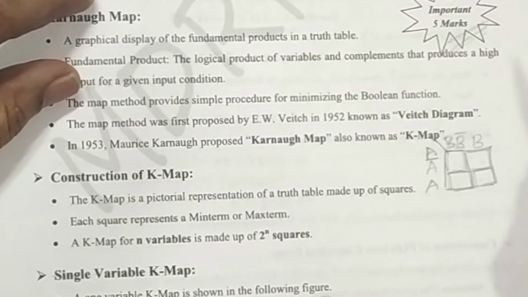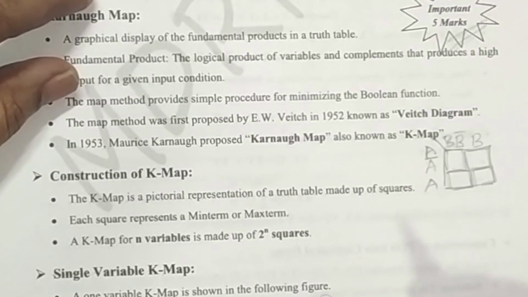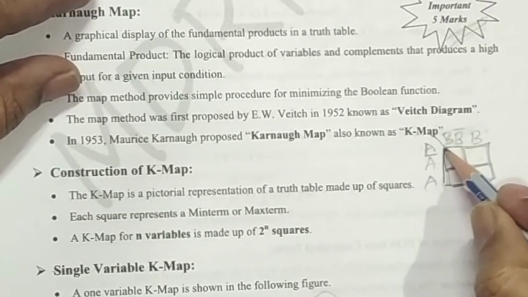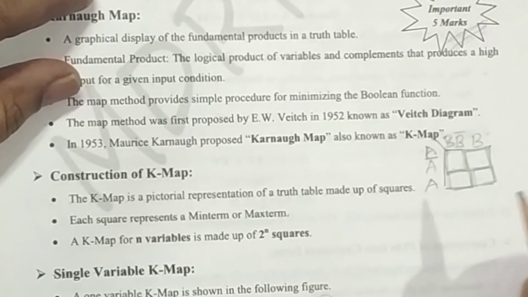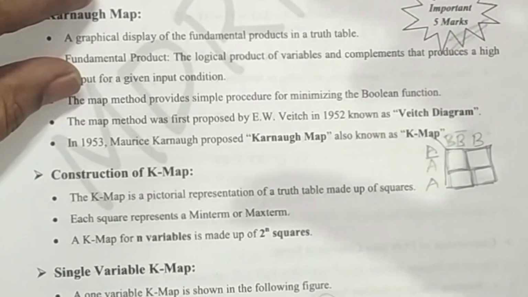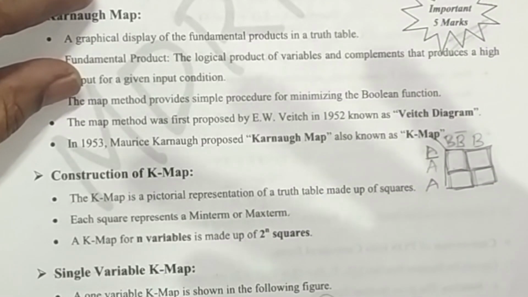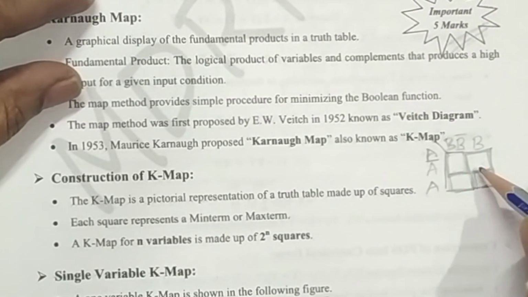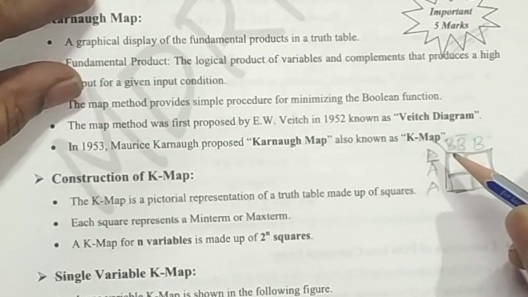Graphical display means in a K-map everything we will represent using rectangle boxes, so it is called graphics. Graphics means computer images; the images are nothing but graphics, and everything we represent using rectangles.